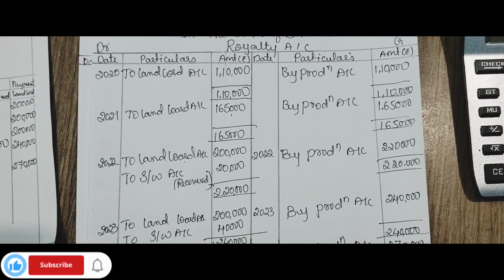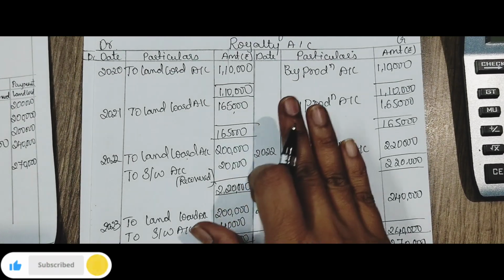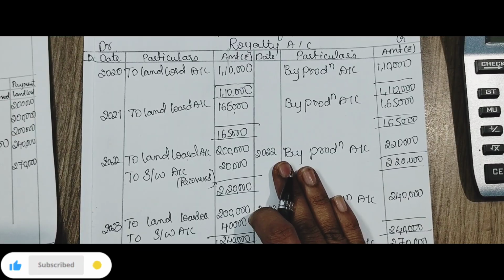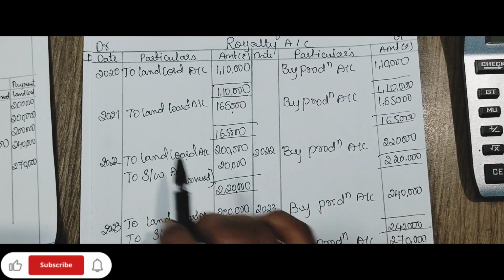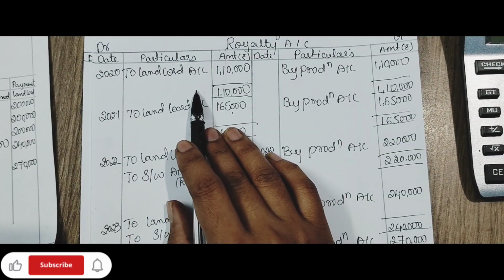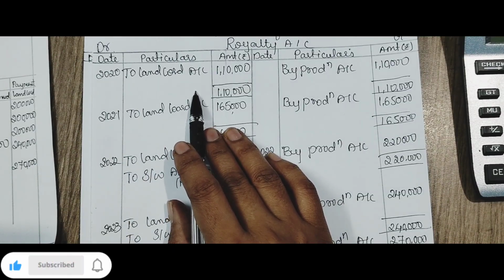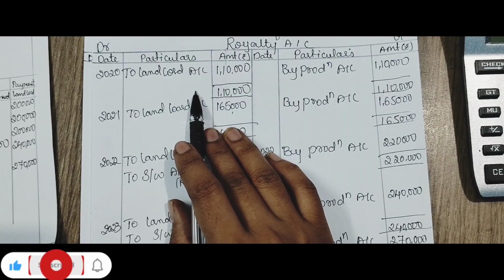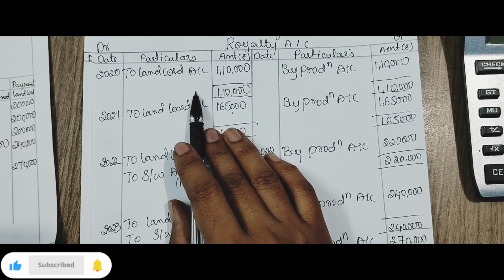Is it clear? I'll repeat once again. Royalty account. What is the rule of royalty account? Royalty is a nominal account. Nominal account rule is debit expenses, credit incomes, right? So, for the royalty account, you are passing two entries: one is the production due entry, and the other is the production transfer entry.